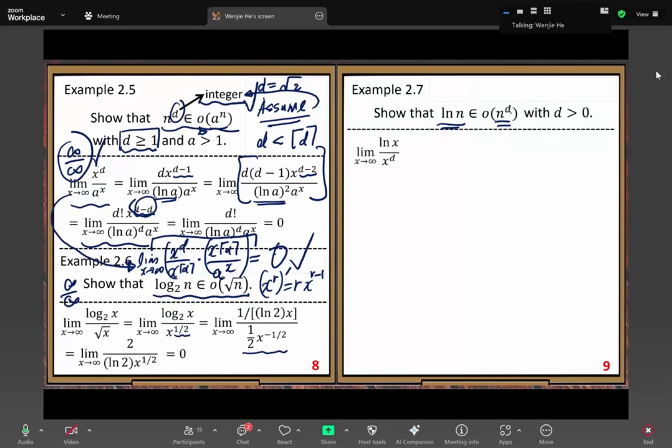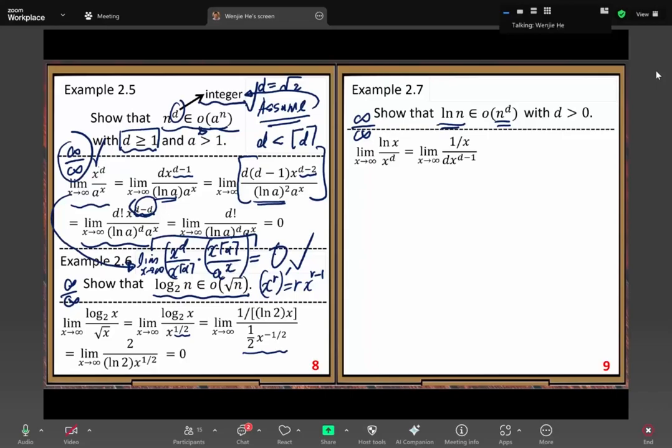Let's calculate the limit. Infinity over infinity, so we check it. It passes the checking, so we can apply L'Hopital's rule. The derivative of natural log is 1 over x, very simple.